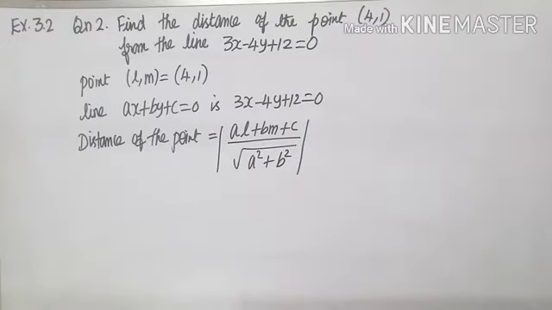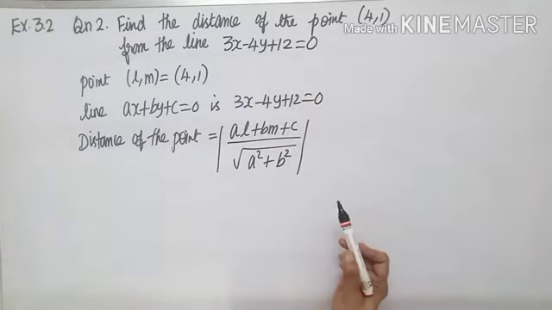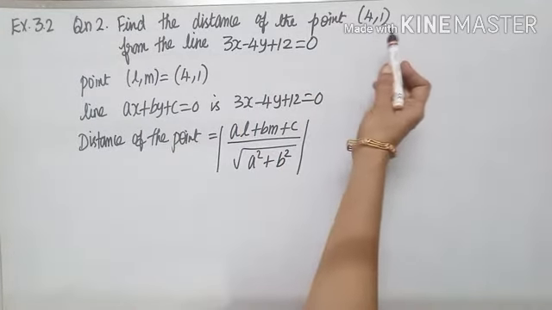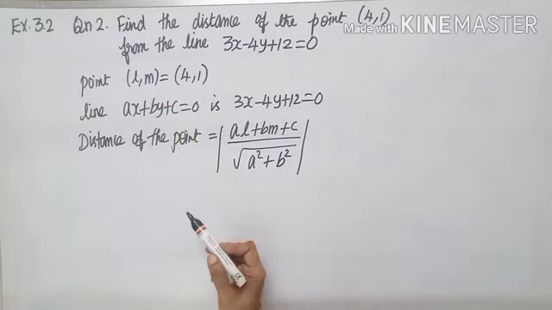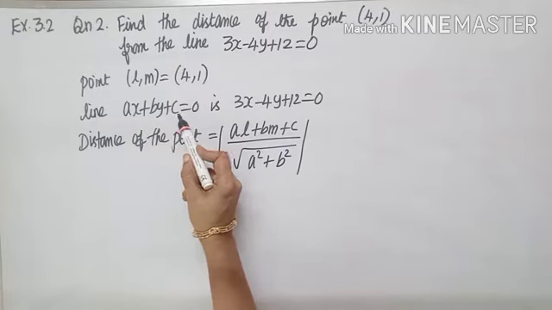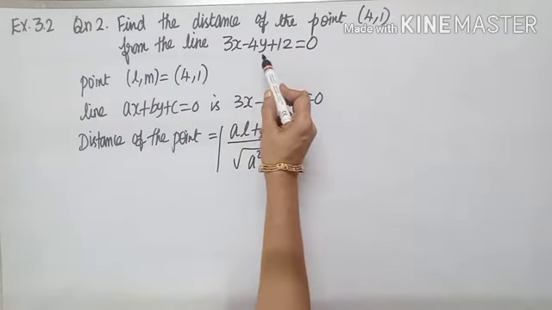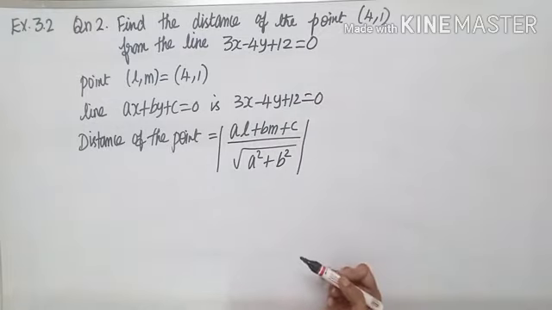Question number 2. Find the distance of the point (4, 1) from the line 3x minus 4y plus 12 equal to 0. Take the point (4, 1) as (L, M). The line ax plus by plus c equal to 0 is given here as 3x minus 4y plus 12 equal to 0.